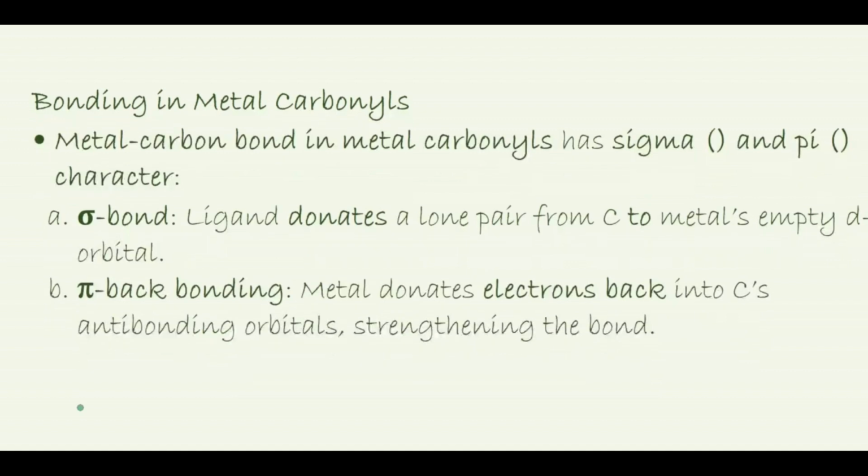Then we are moving on to the metal carbonyls. Metal carbonyls are nothing but metal attached with the CO ligand, carbon monoxide. In metal carbonyls, the metal-carbon bond has sigma and pi character. The sigma bond is where the ligand donates a lone pair from carbon to the metal's empty d orbital, and then pi back bonding happens.